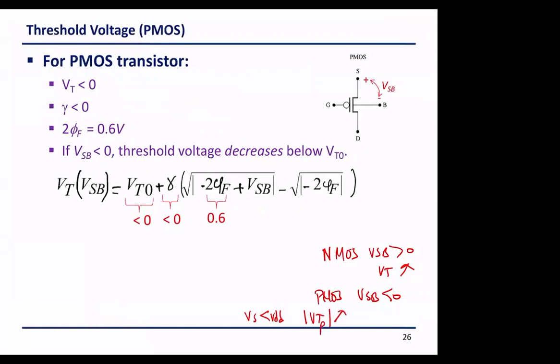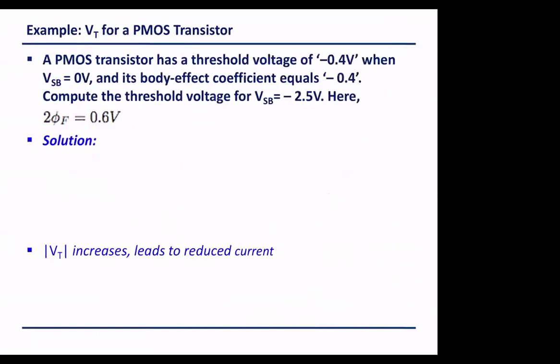And the equation for the PMOS device is VT0, which is when VSB is equal to 0, plus some body effect coefficient multiplied by the difference between those two terms. One of them takes VSB into consideration.